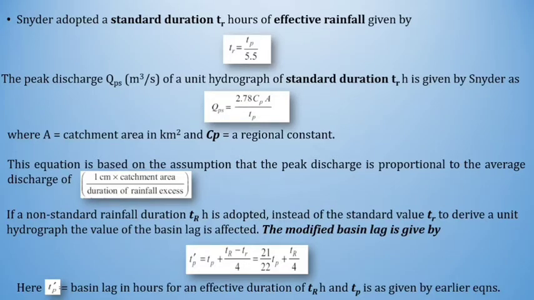This equation is based on the assumption that peak discharge is proportional to the average discharge of 1 centimeter into catchment area divided by duration of rainfall excess.